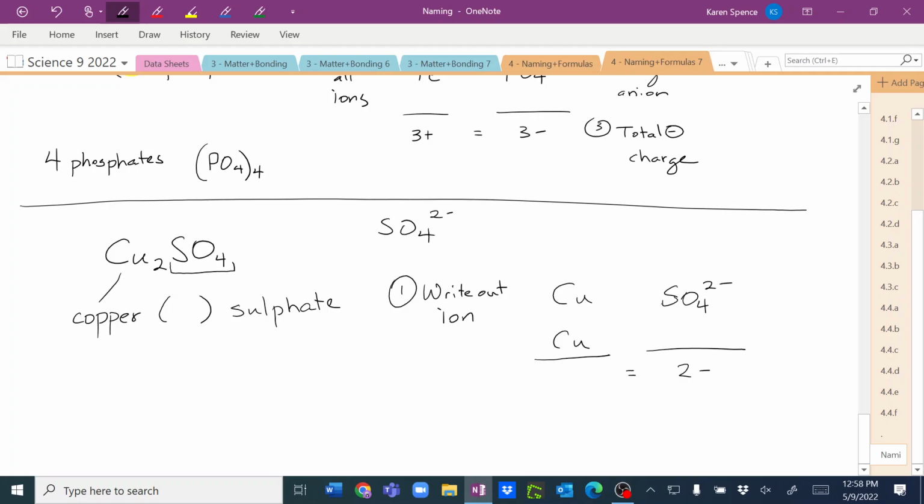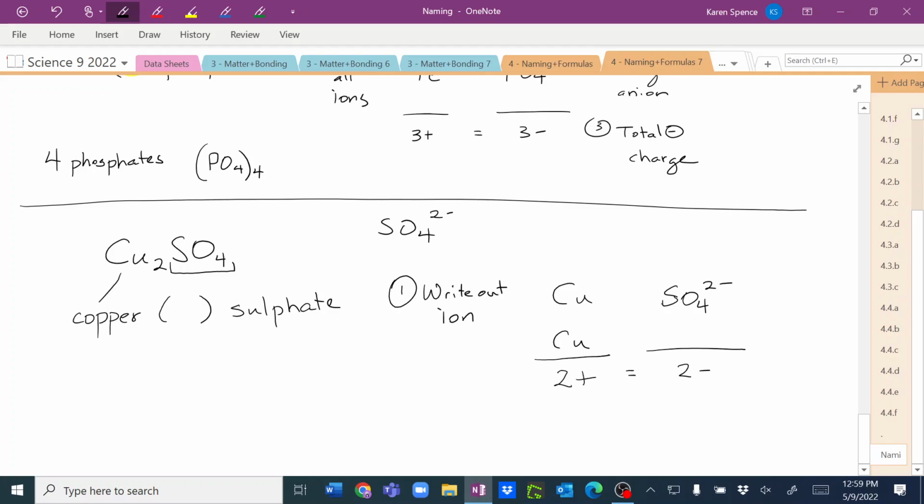If we have 2 minus, our total positive has to be 2 plus. And if I have 2 coppers giving me 2 plus, what is the charge of each individual copper? If each one was 2, that would be a problem, right? That would give us 4. So each individual copper has to be plus 1.